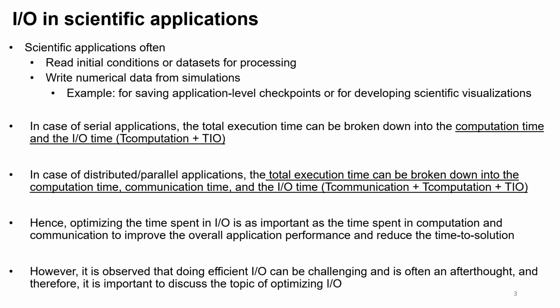Hence, in both serial and parallel applications, it is important that we optimize I/O to reduce the overall execution time of the applications and enhance their performance. However, it is often seen that optimizing I/O is an afterthought.